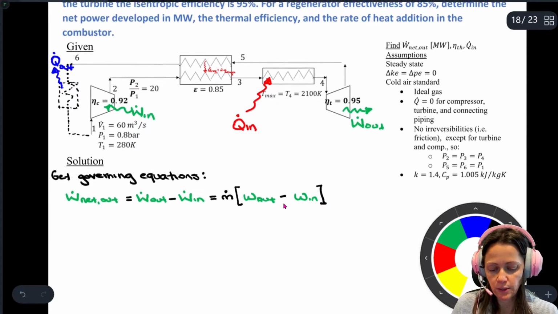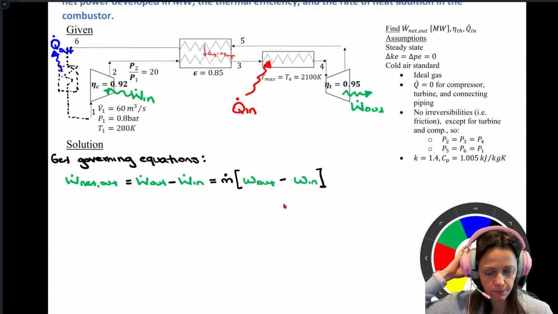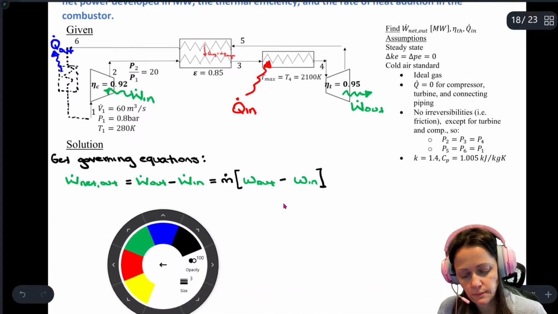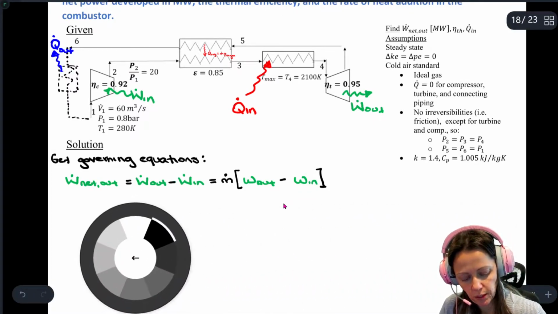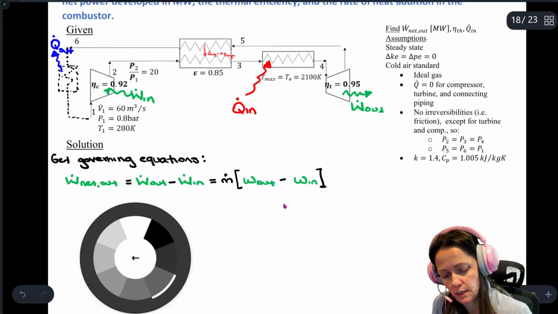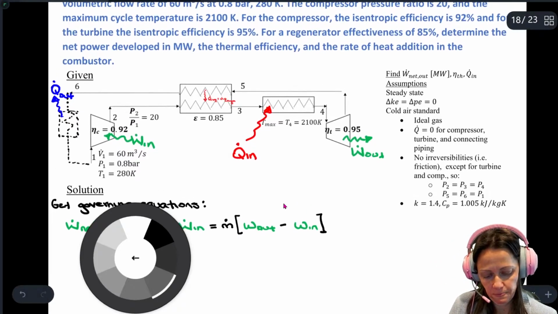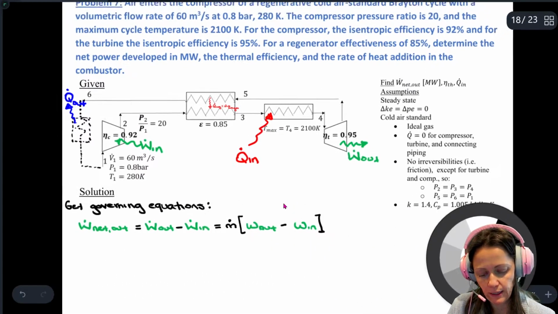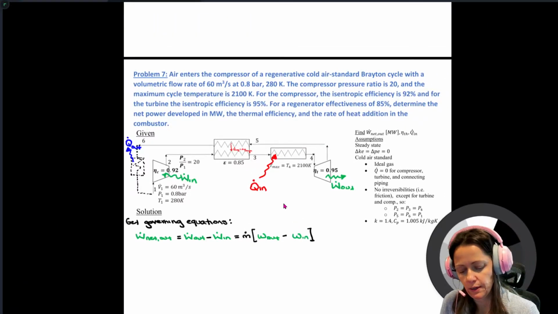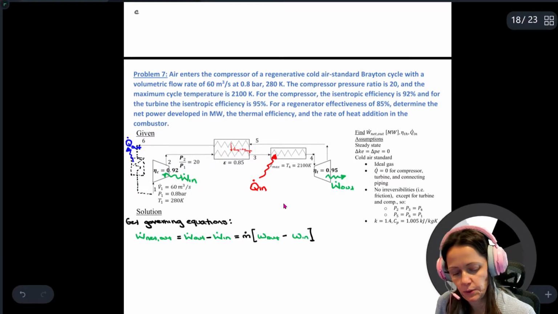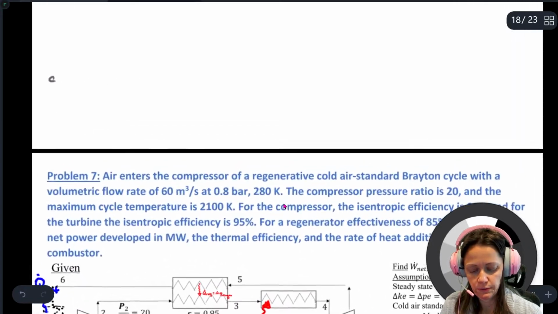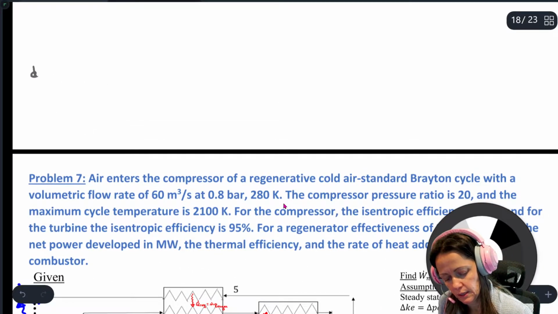And so now I've got a little bit of thinking to do here. Let me take a step back. Up at the top here, I don't know if I've done a great job of showing how that first law breaks down.